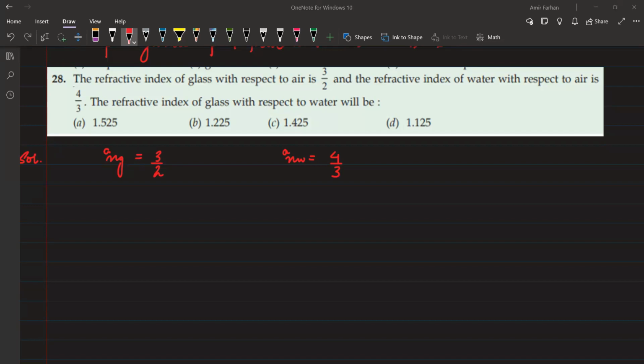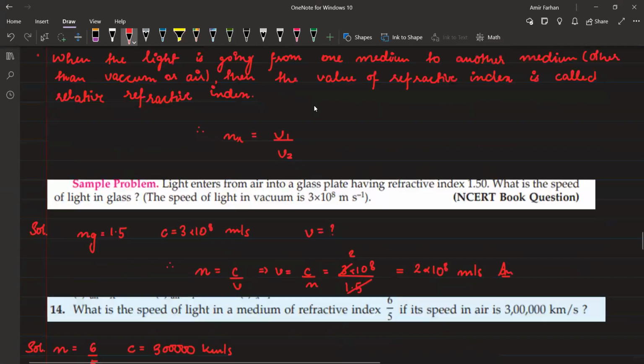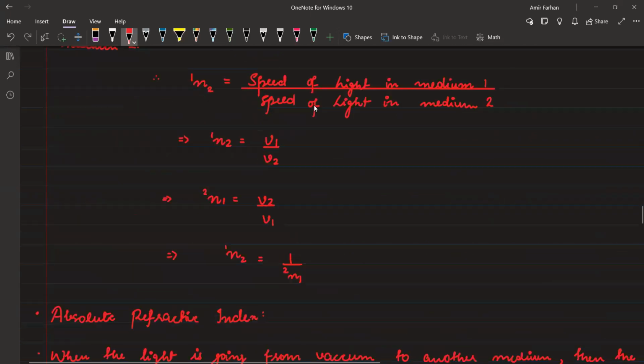Can you take the one with glass in the numerator? Right. Look, the question is saying I need the refractive index of glass with respect to water. I've told you about this somewhere in the start of this chapter in terms of refractive index as well.